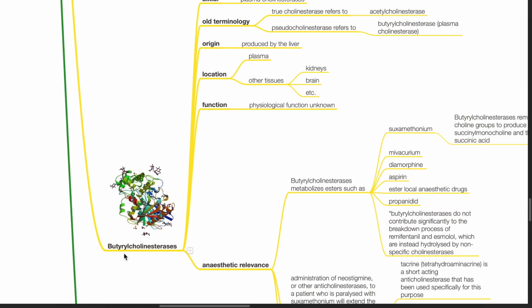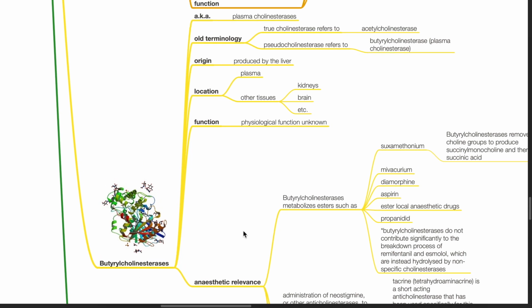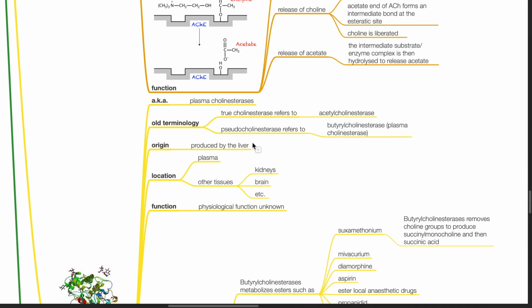Butyrylcholinesterase, also known as plasma cholinesterase. Old terminology. True cholinesterase refers to acetylcholinesterase. Pseudocholinesterase refers to butyrylcholinesterase, also known as plasma cholinesterase. They are produced by the liver and located in the plasma and other tissues such as the kidney and the brain.